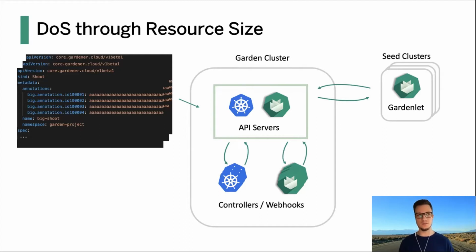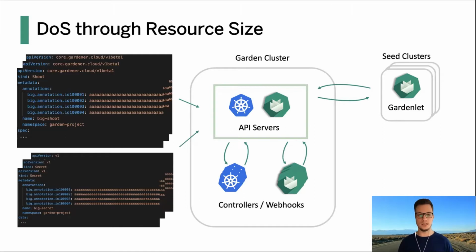Well, it's the easiest way to blow up such a resource. You can have an annotation value of 256 kilobytes at max, and if you put in a lot of annotation values, the size will eventually grow. But not only for Gardener related resources. You can take the same example for Kubernetes native resources like secrets. You can also artificially blow these resources up with annotations so that they become really, really big.